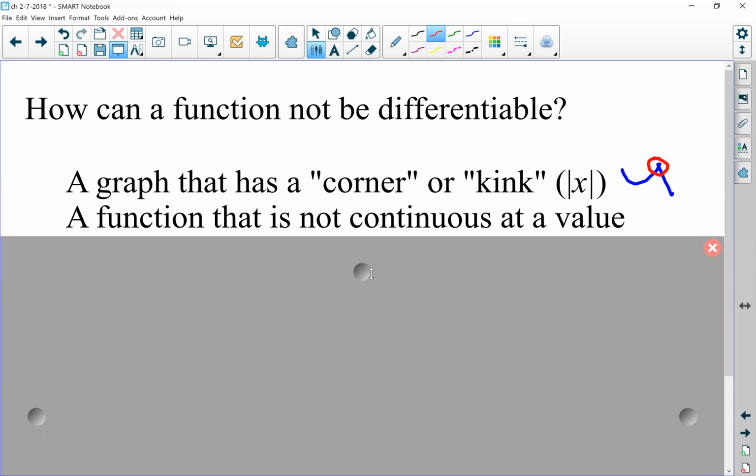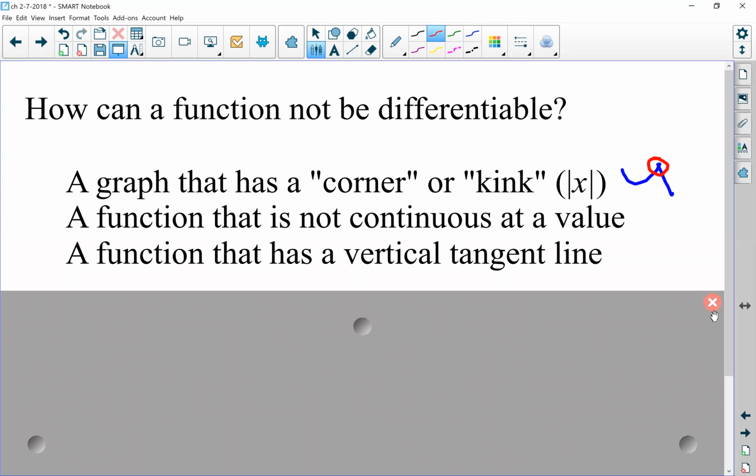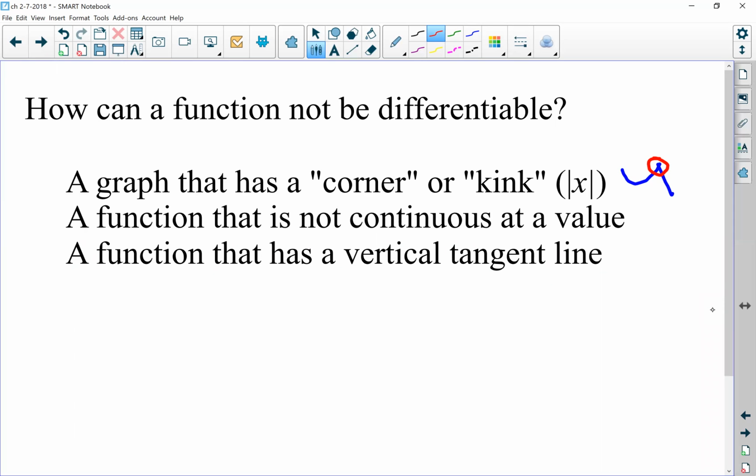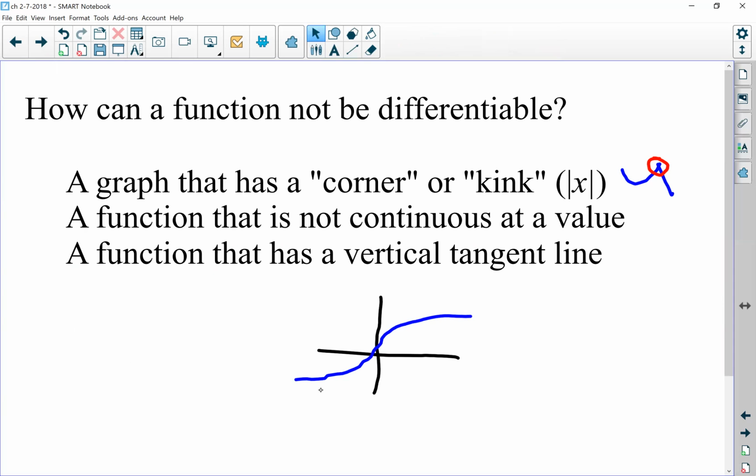So the step function like we looked at in, I believe it was 2.4 with the parking rates, that would be not differentiable. And then a function that has a vertical tangent line, for instance, if we think about the cube root of x, it would actually not be differentiable at 0.